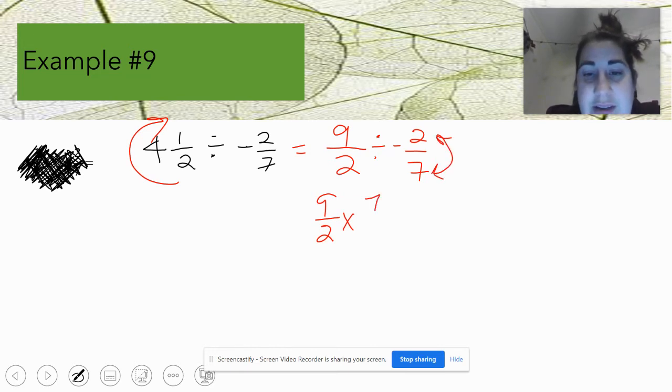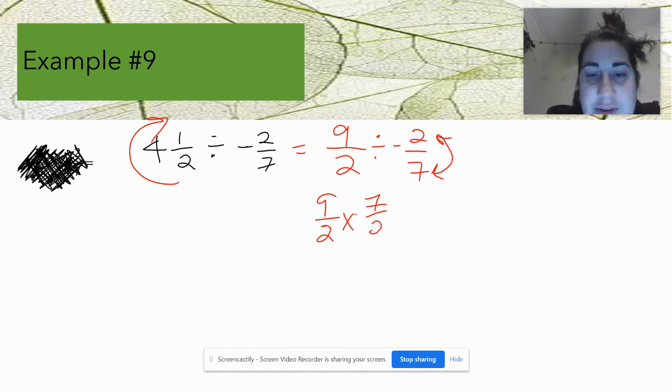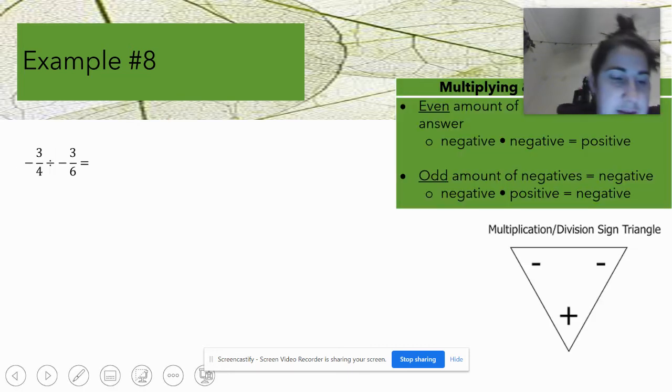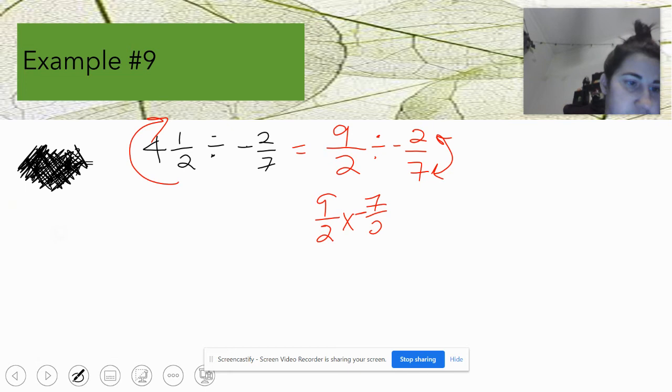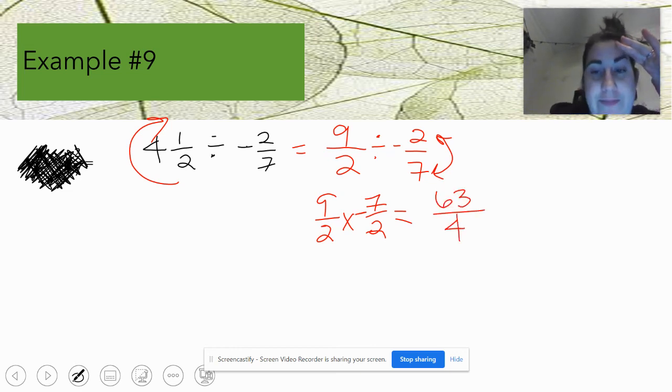So I have 7 over 2, and I don't forget my negative. All right. Now I'm going to multiply straight across. I have 9 times 7, which gives me 63, and 2 times 2, which gives me 4. But I did have a negative in there, so I need to make sure I do that.